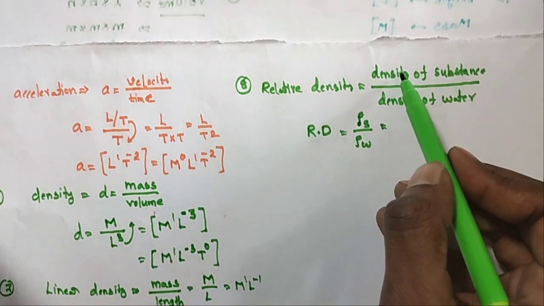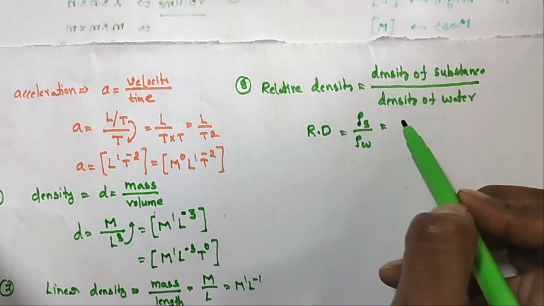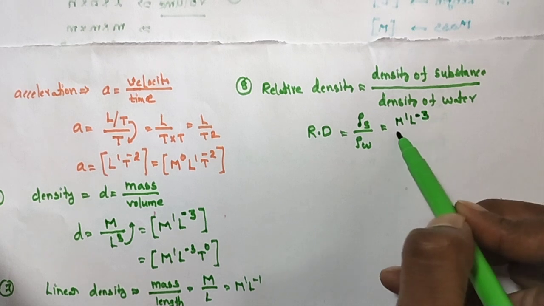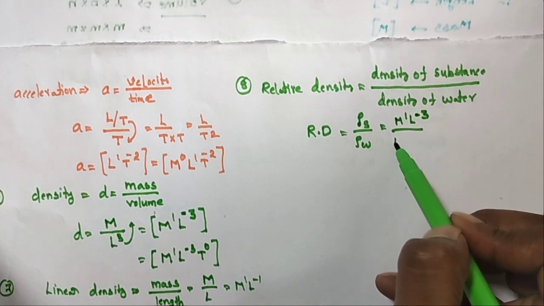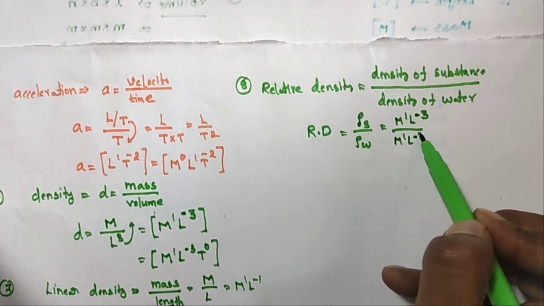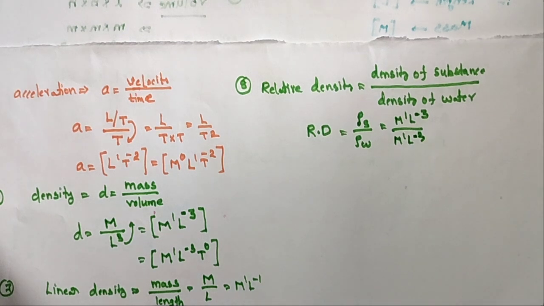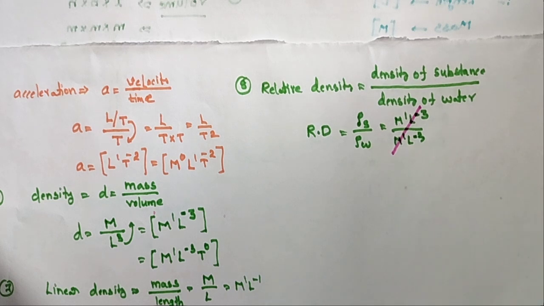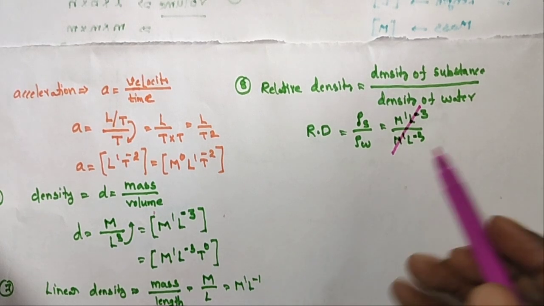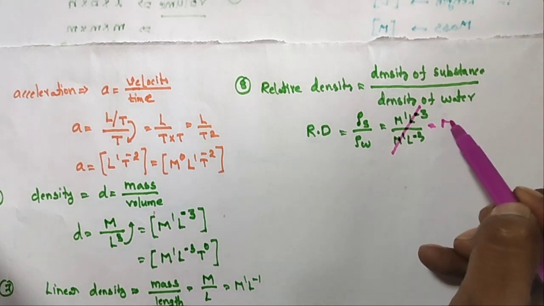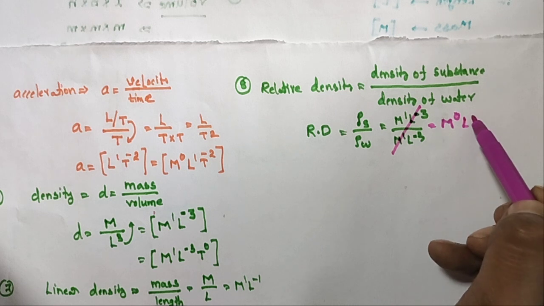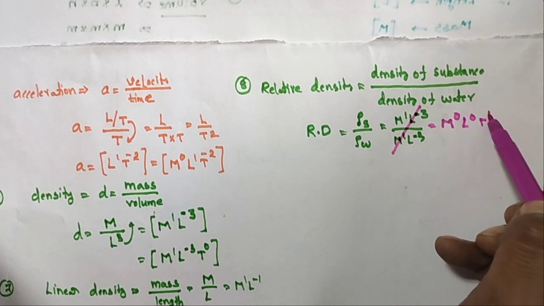Okay, so what is the dimensional formula of the density? Generally M1 L power minus 3. By, this is also density, what is the formula? M1 L power minus 3. So both are equal, therefore the dimension will be completely cancelled. So what is the final result? There is no dimension, that is M power 0, L power 0, T power 0.